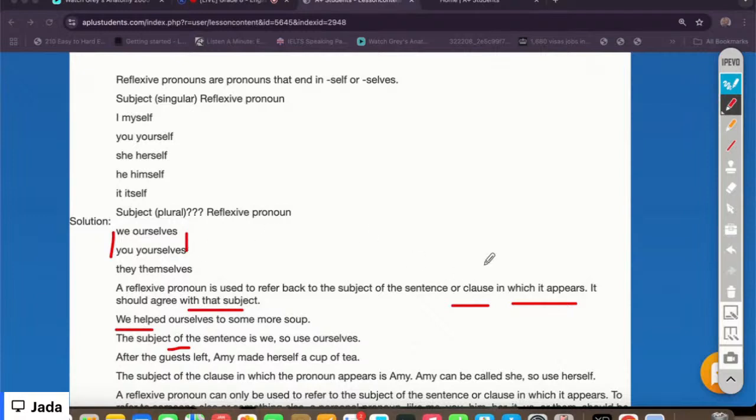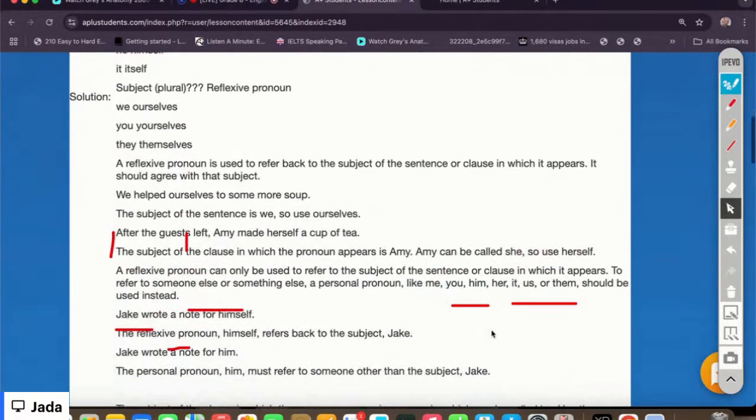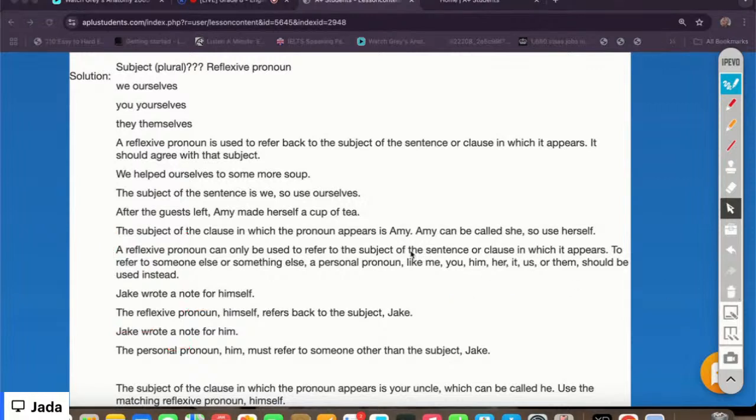So we also have: after the guest left, Ami made herself a cup of tea. Ami is one person, singular, referring to a girl, so it's going to be herself.